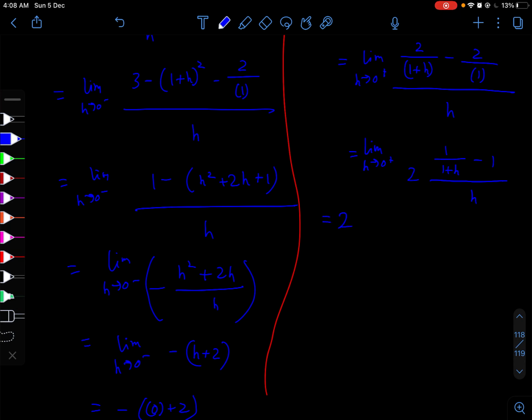So here we can take the 2 out of the limit, or it's basically like distributing the limit of minus h divided by 1 plus h times h.